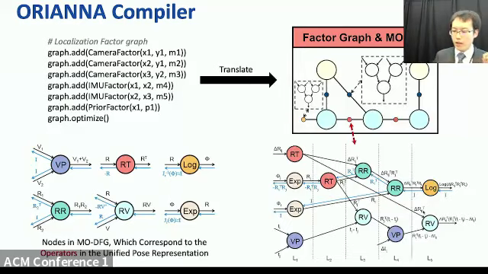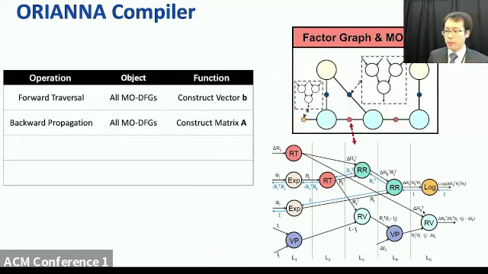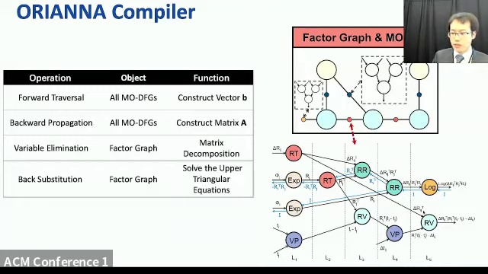Each vector node in this vector graph corresponds to a data flow graph of matrix operations. The compiler performs the forward traversal and also the back propagation of all these data flow graphs to construct the vector and matrix in the linear equation systems we just discussed. These linear equation systems can then be solved by performing vector graph inference, including variable elimination and back substitution.